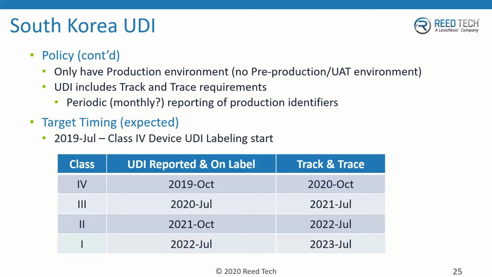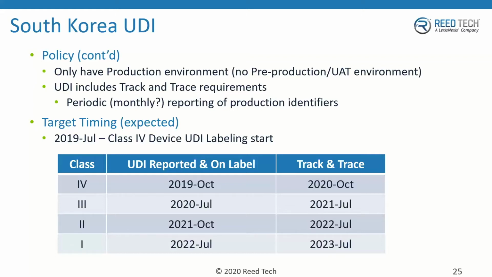And again, I skipped over that first bullet, but there's only a production environment at this point that John had alluded to earlier. The timing is shown down below for the class 4, 3, 2s, and 1s, starting back in 2019. So we just passed the July deadline for class 3s, and then looking forward to 2021, 2022.